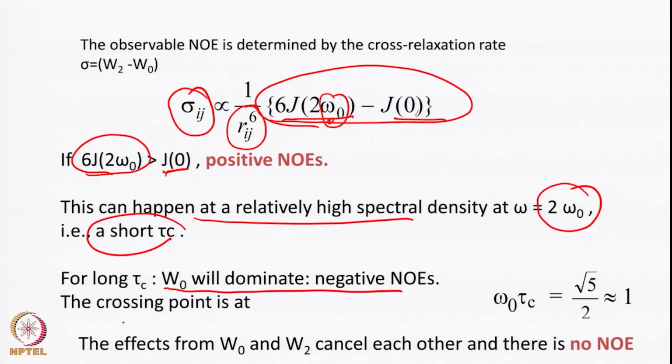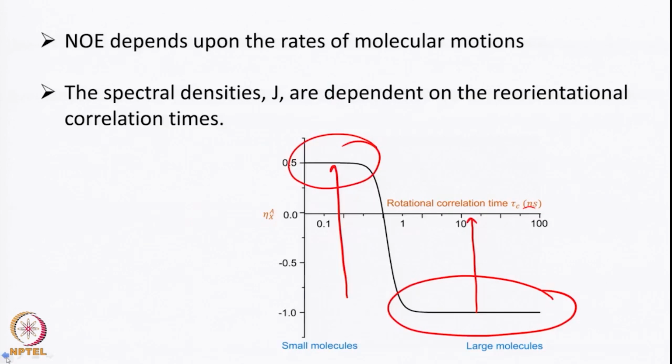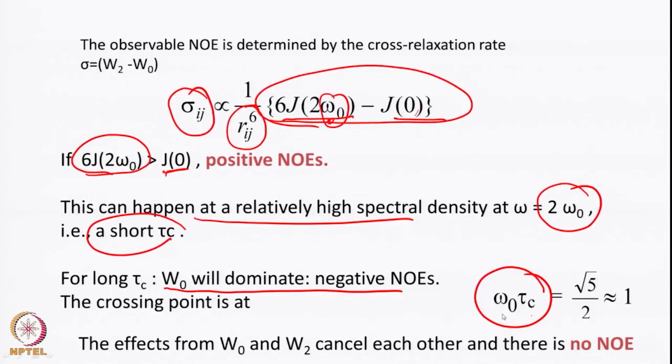Typically there is a crossing point between positive and negative NOE, given by omega 0 tau c, which is typically 1. If you look at the previous slide, this is the crossing point, where omega 0 tau c is around 1. In such cases, the omega 0 relaxation rate and the omega 2 relaxation rate cancel each other and there will be no NOE.